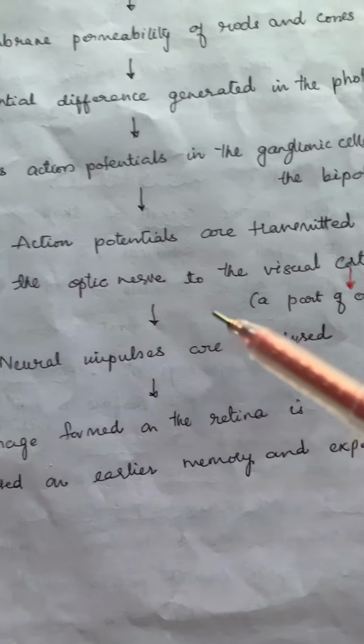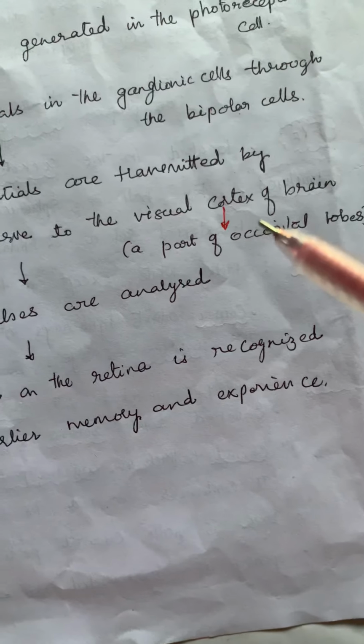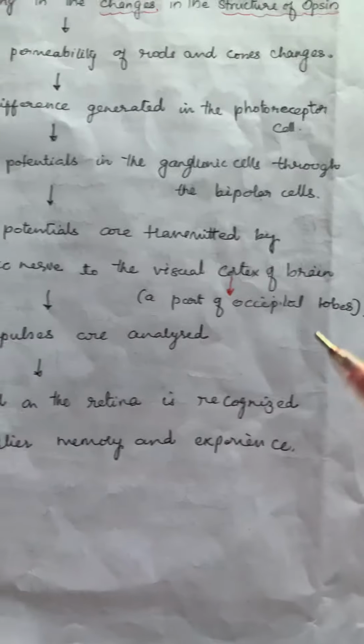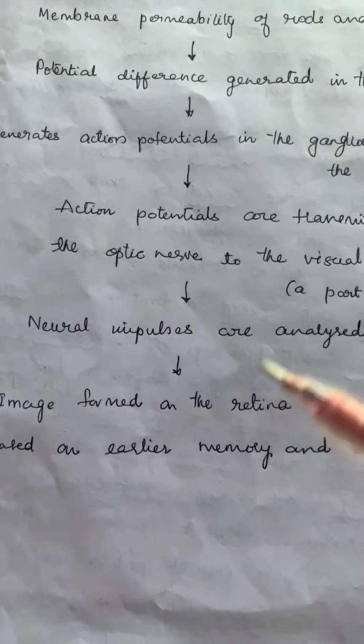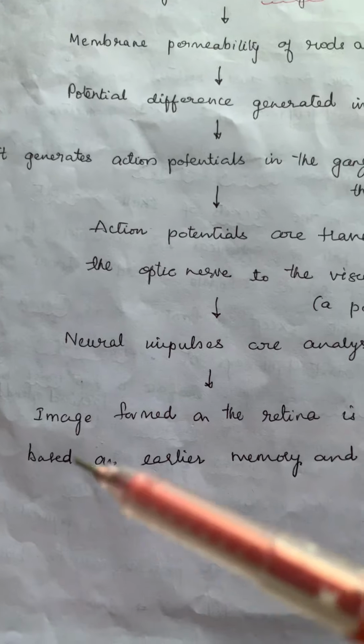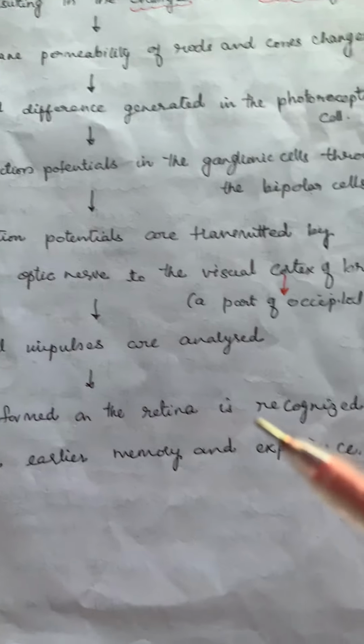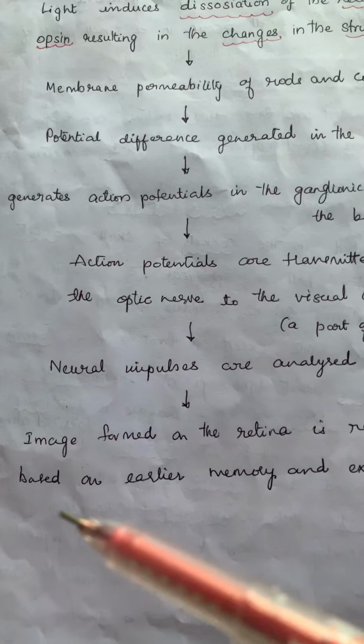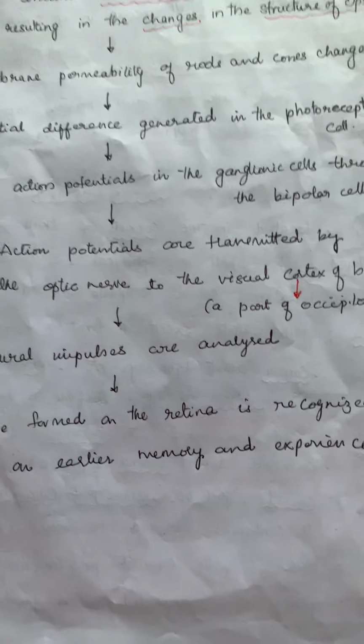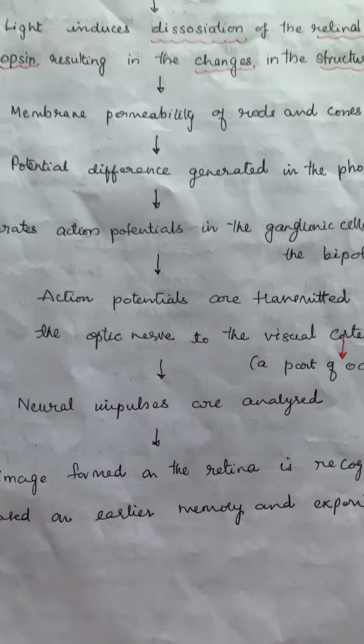Action potentials are transmitted by the optic nerve to the visual cortex of the brain in the occipital lobe. Neural impulses are analyzed here. The image formed on the retina is recognized based on memory and experience.